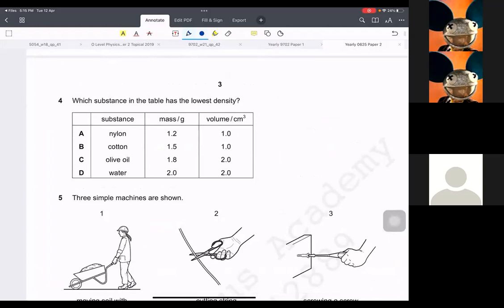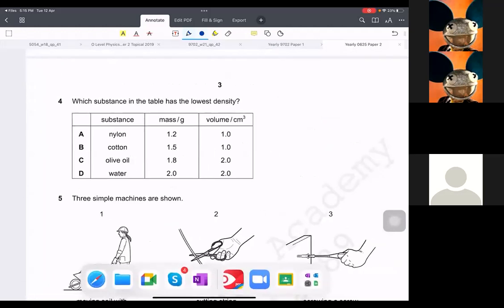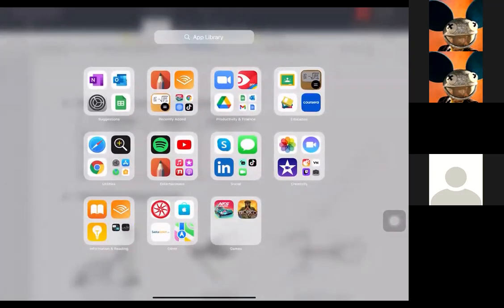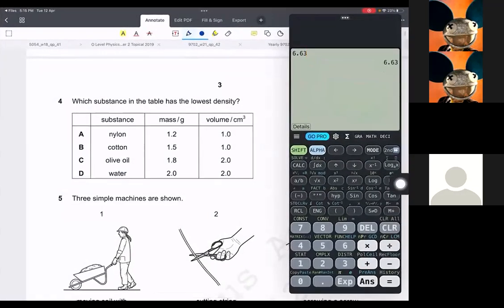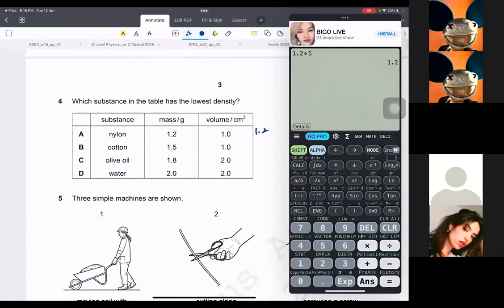Now, which substance in the table has lowest density? You can check density, mass, or volume. If I were you, I would just quickly take out my calculator, and that is not quick at all. But put it here. 1.2 divided by 1, that's 1.2. 1.5 divided by 1 is 1.5. 1.8 divided by 2, that is clearly small.